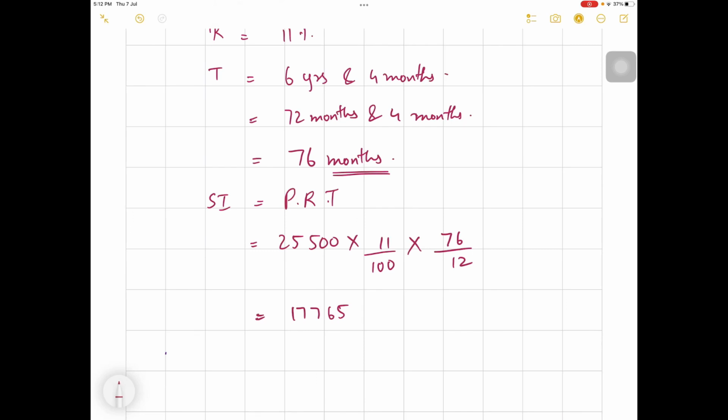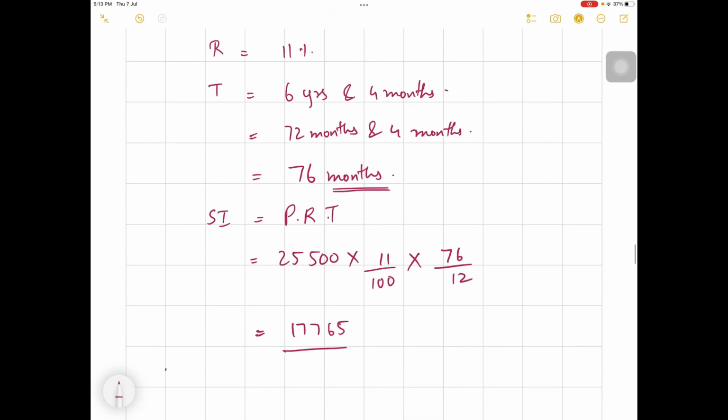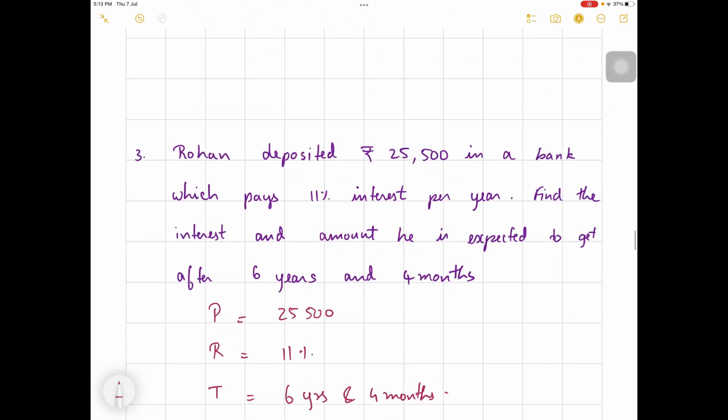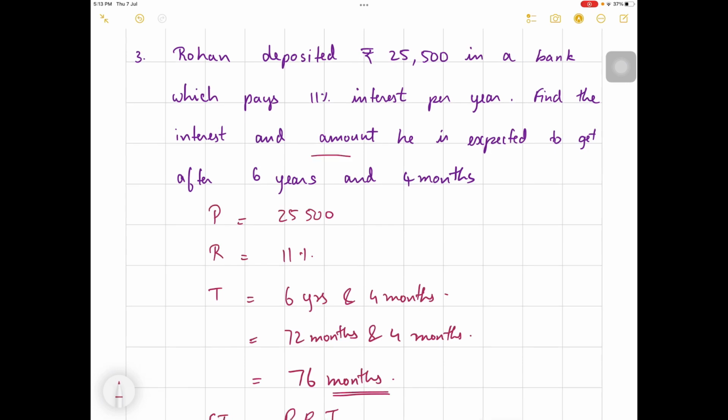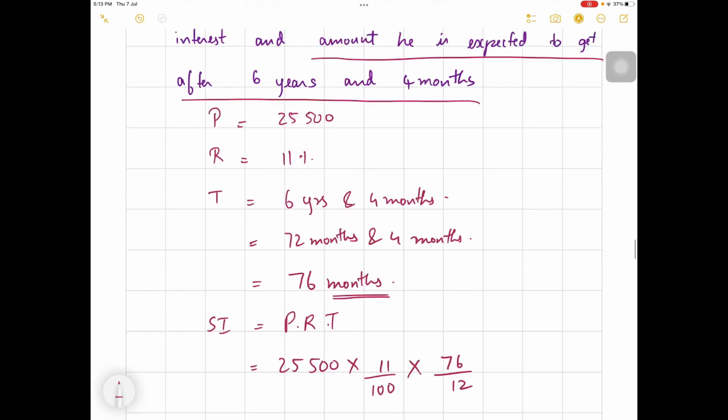So the simple interest is 17,765, but in the question the amount is asked, not simple interest, right? Rohan deposited, find the interest. Okay, simple interest we have found, and the amount he is expected to get after 6 years and 4 months.